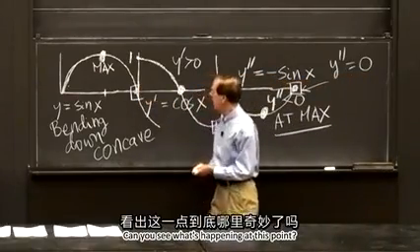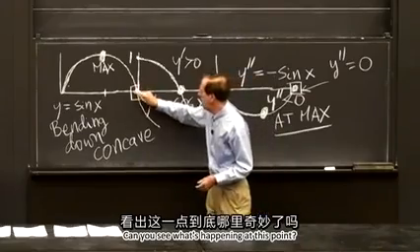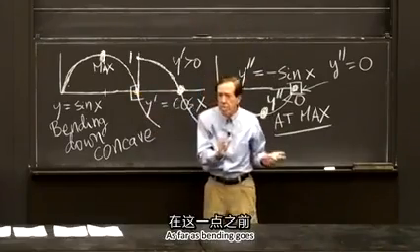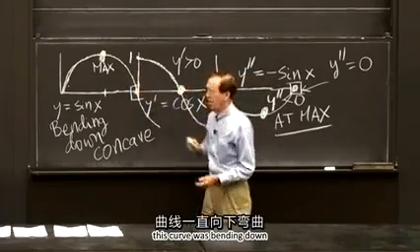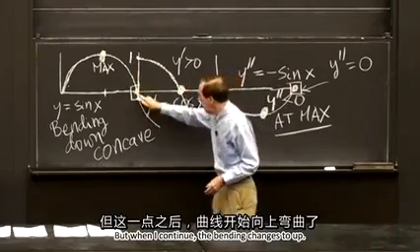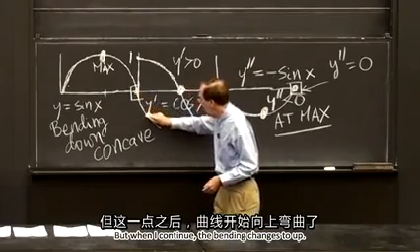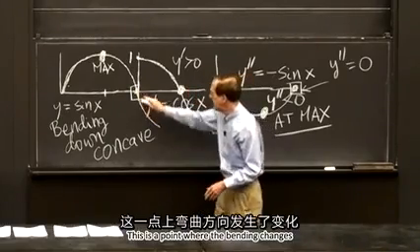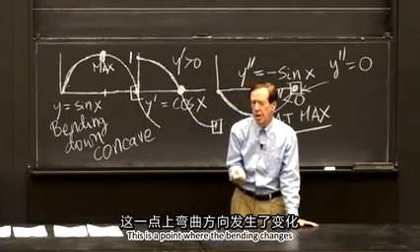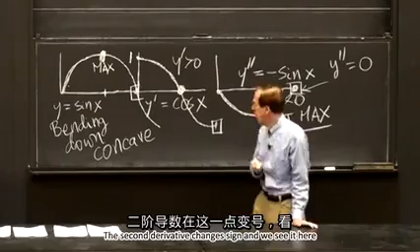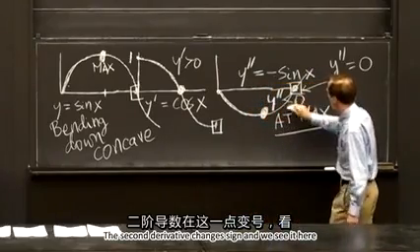Can you see what's happening at this point as far as bending goes? This curve is bending down. But when I continue, the bending changes to up. This is a point where the bending changes. The second derivative changes sign, and we see it here.